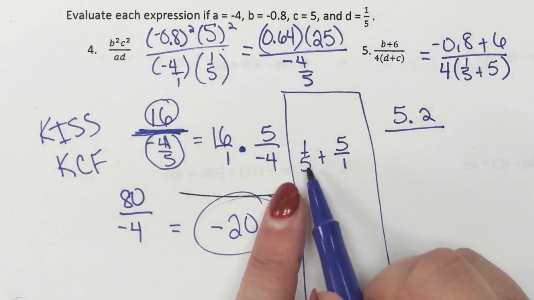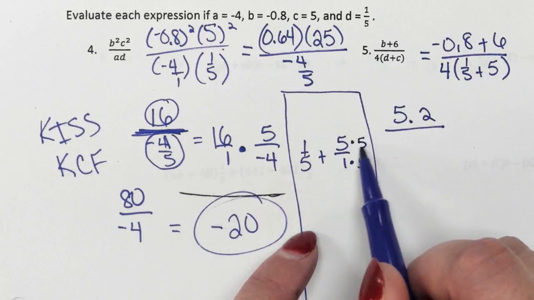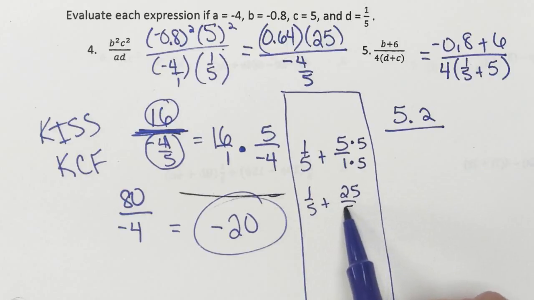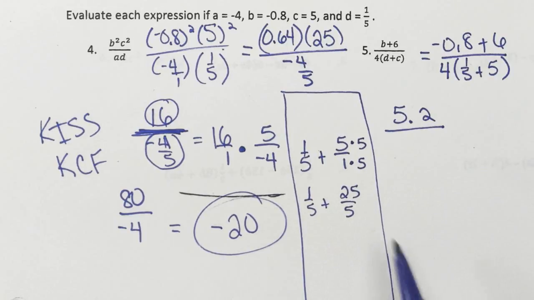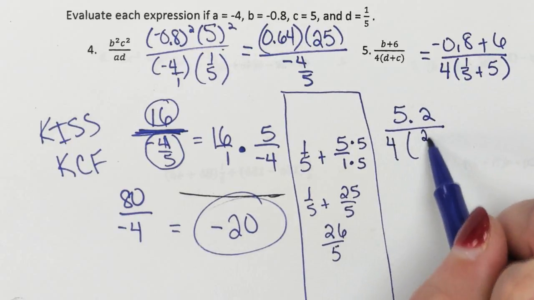This one's already 5. So multiply this by 5, and if I do it to the bottom, you got to do it to the top. Y'all good? So what would I get? 26 over 5. 26 over 5. There you go.